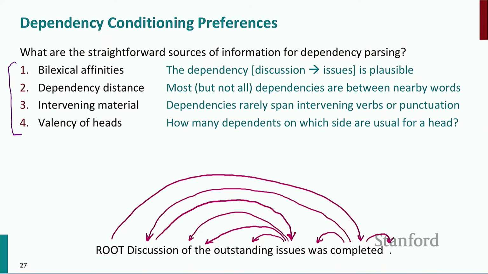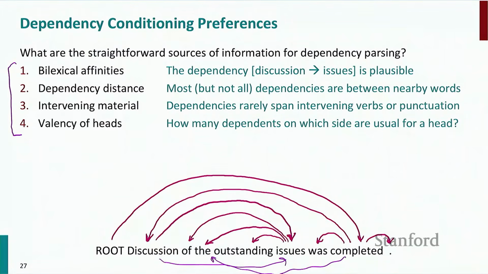So, "discussion of the outstanding issues was completed." To have discussion of issues, right? That's a plausible dependency. What's a silly one? To have something like "the" being a dependent of "completed," that makes no sense at all. So you know what words are involved.